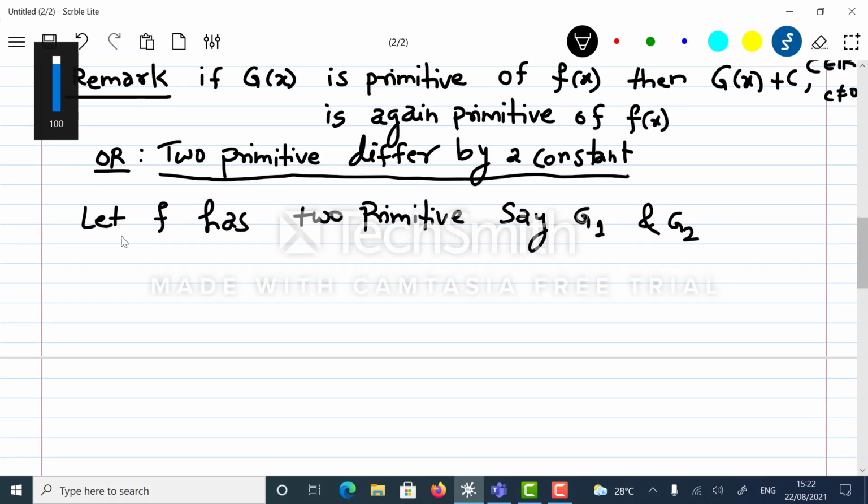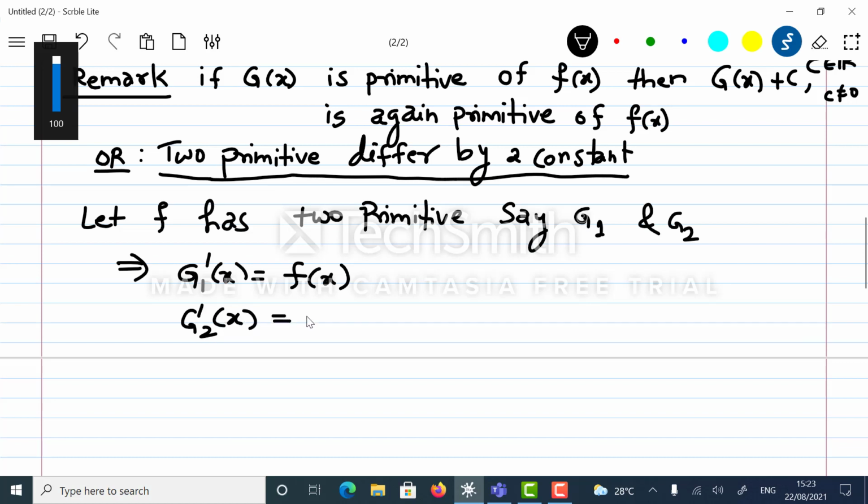If g1 is a primitive, what does this imply? g1'(x) = f(x). Similarly, g2 is a primitive, so the derivative g2'(x) is again f(x). If I subtract these two equalities, then I will get g1'(x) - g2'(x) = 0. So what does this imply?